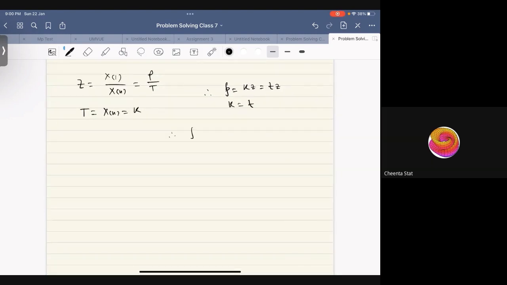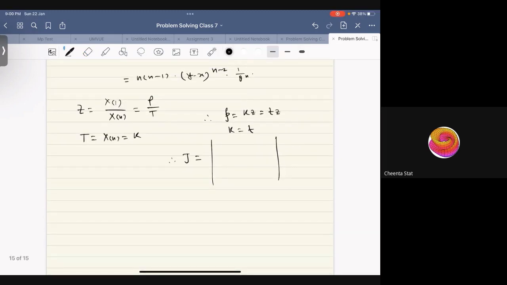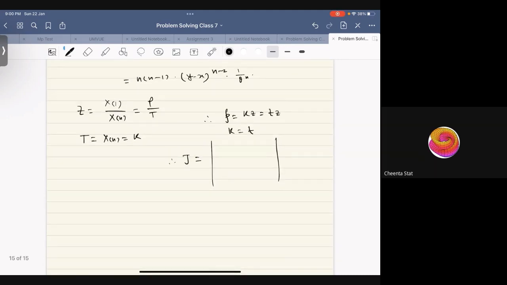So what will be the Jacobian? The Jacobian will be old by new. What is old here? The old is X order 1, X order n. So del p by del t is z, del p by del z is t, and this one is 0, I guess.